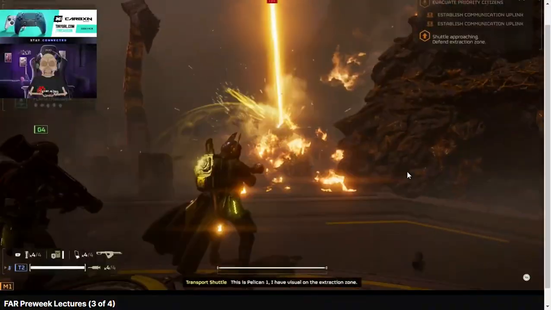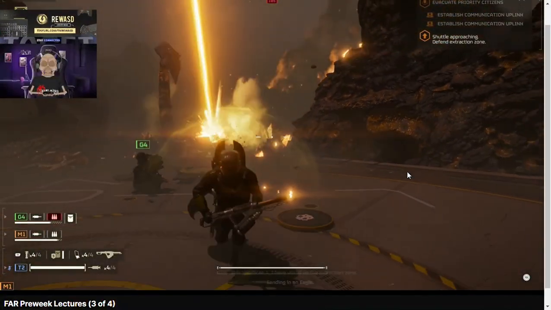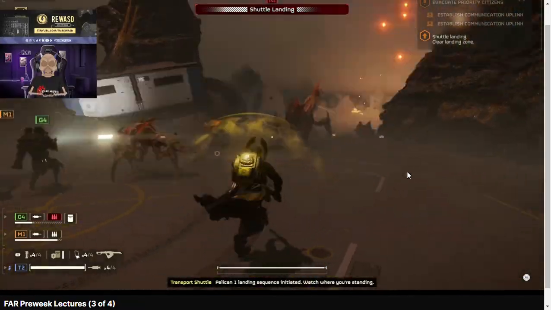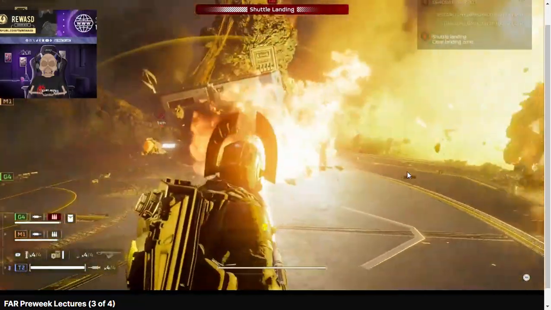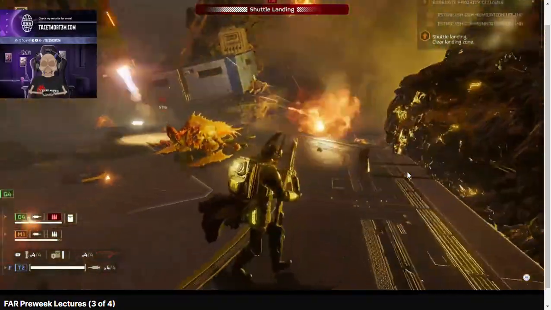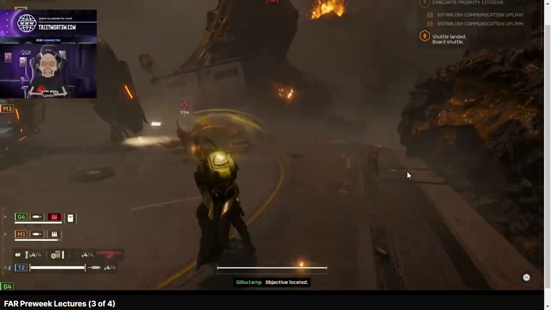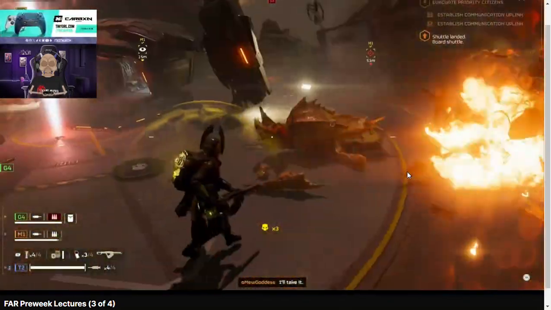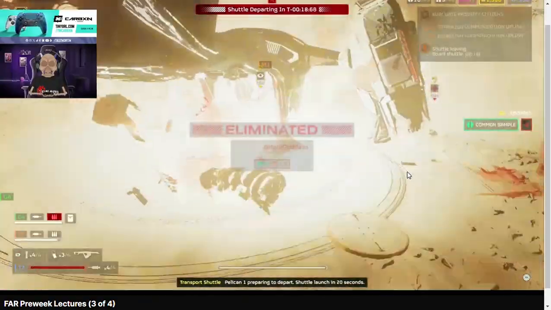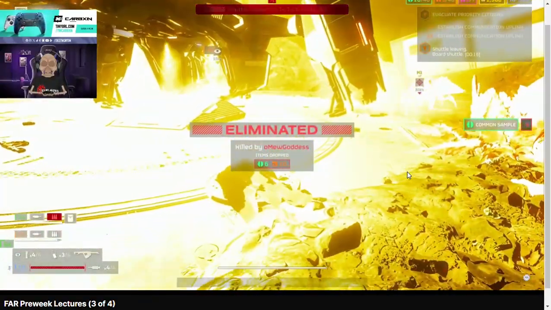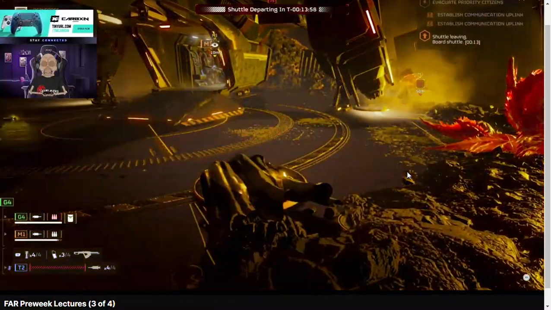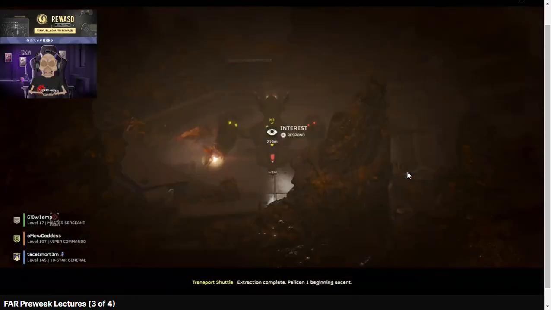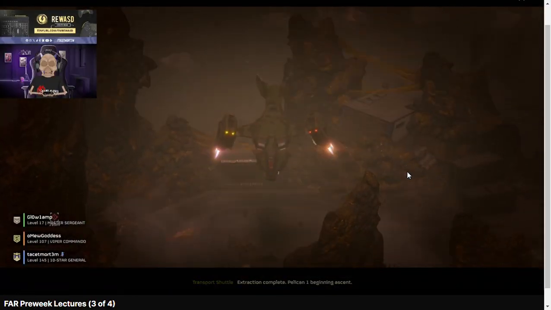This is Pelican 1. I have visual on the extraction zone. An eagle. Democracy's on its way. Pelican 1 landing sequence initiated. Watch where you're standing. For peace! Pelican 1 preparing to depart. Launch in 20 seconds. Extraction complete. Pelican 1 beginning ascent.